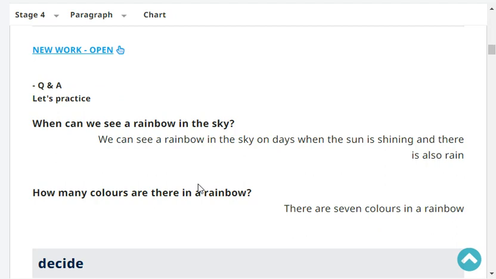We can see a rainbow in the sky on days when the sun is shining and there is also rain. How many colors are there in a rainbow? There are 7 colors in a rainbow.